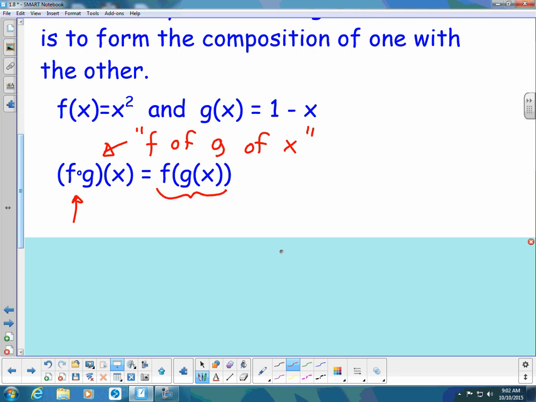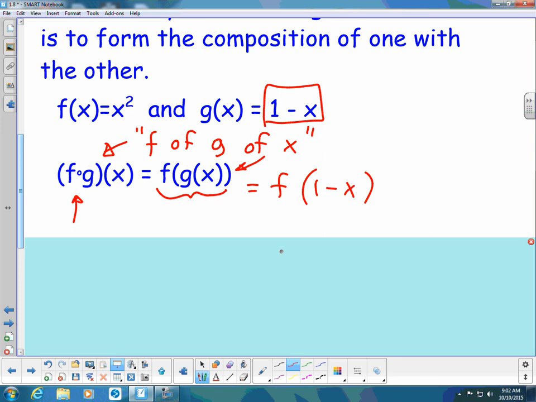This is still read f of g of x, but you can see what's happening: we're plugging the g of x function into the f of x function. So I want f of, what was my g of x function? It was 1 minus x.